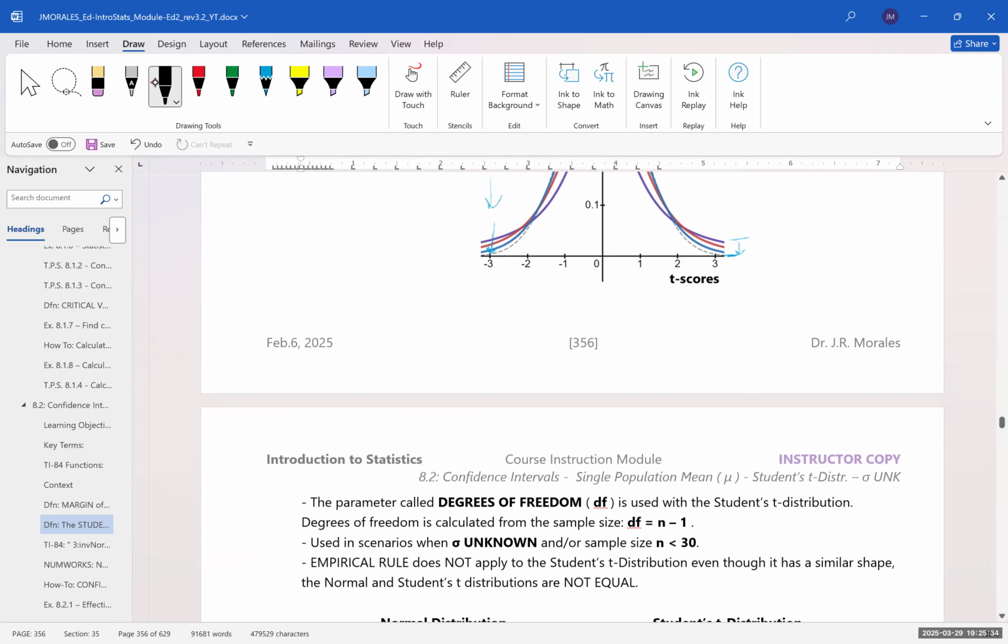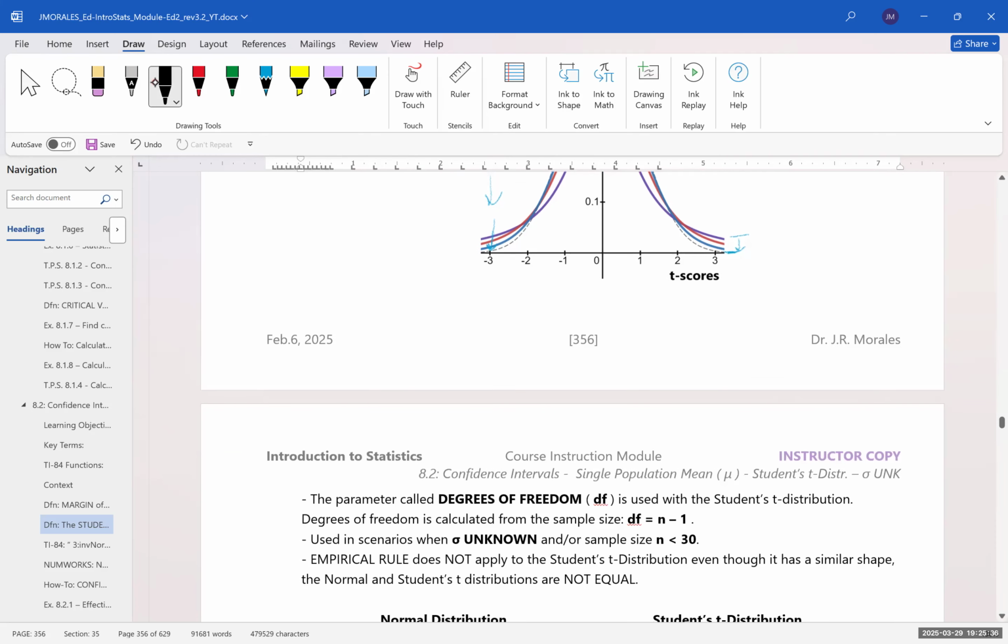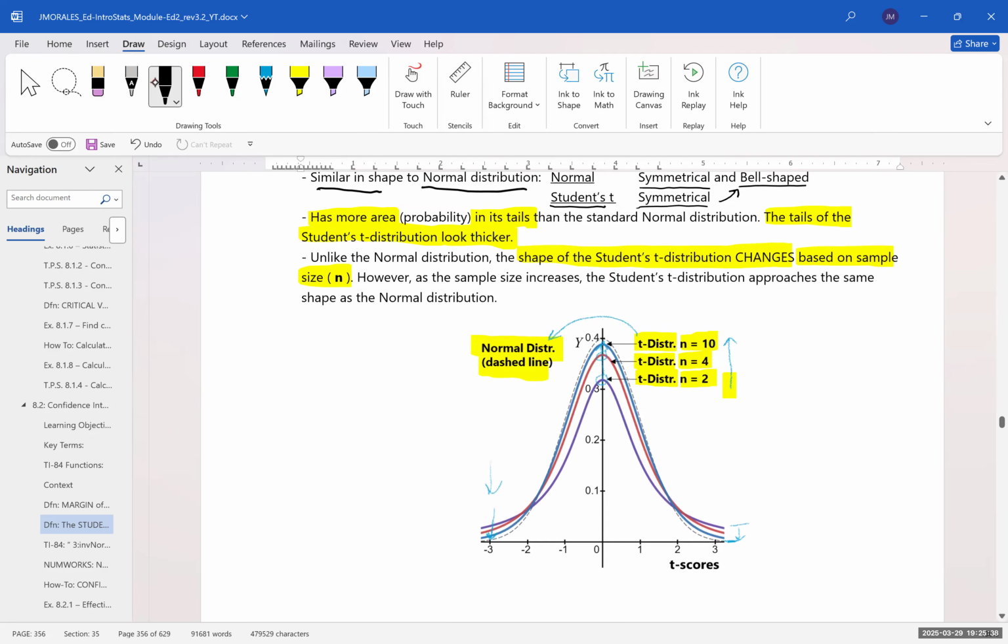Okay, let's see here. And, you know, when you have a sample size of about 30 with the student's T distribution, it approximates that of the normal distribution.